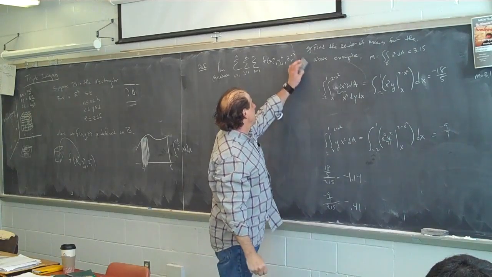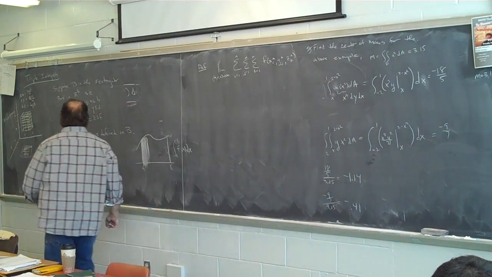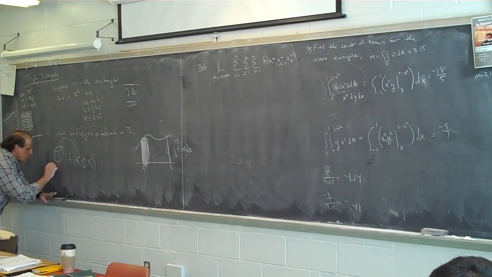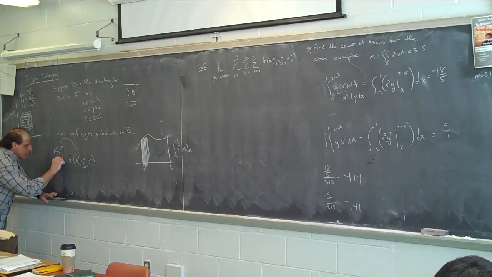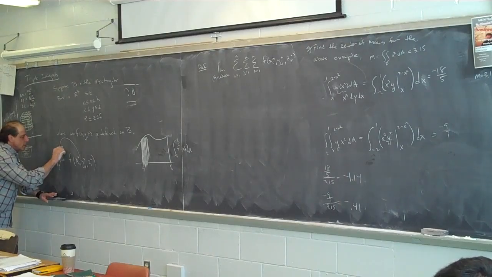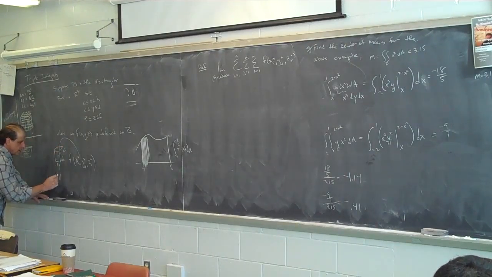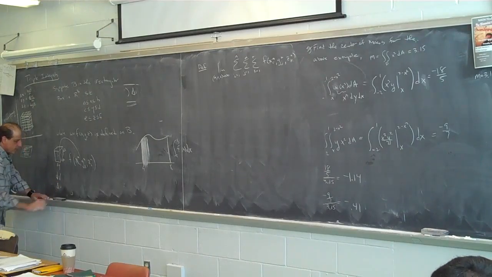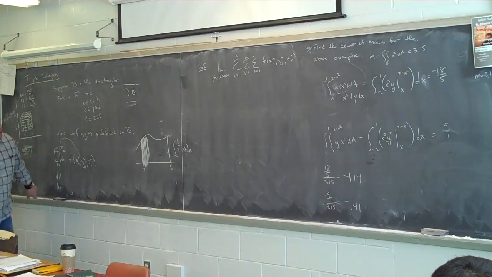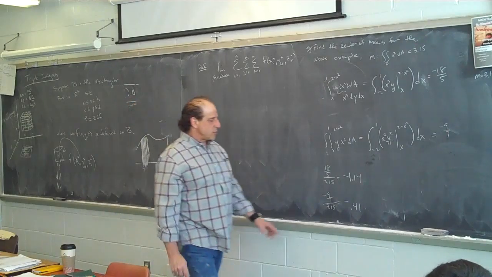Now this is delta x, delta y, delta z, which we'll call dV or delta V. So we say that times delta V.